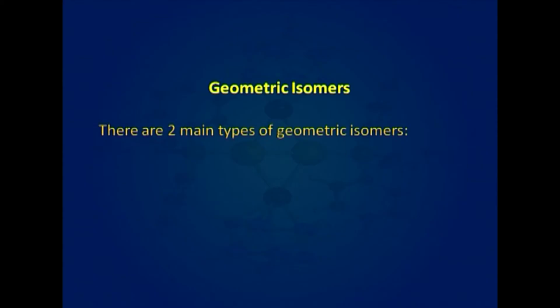There are two main types of geometrical isomers: mer-fac isomer, or you can say meridional facial isomers, and cis-trans isomers. Let us first discuss cis-trans isomers.